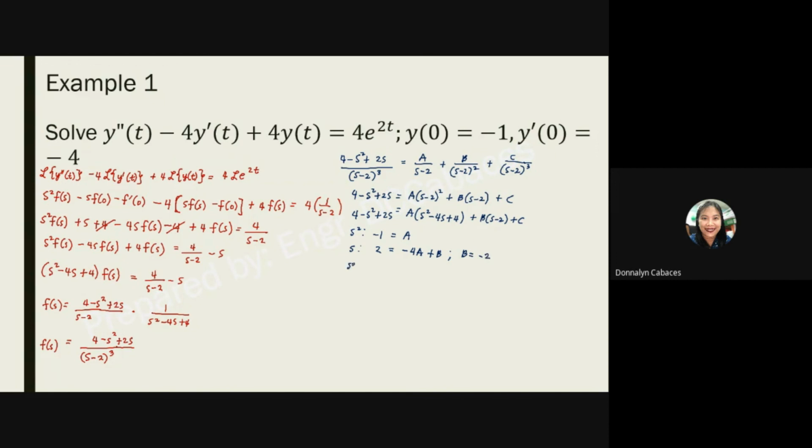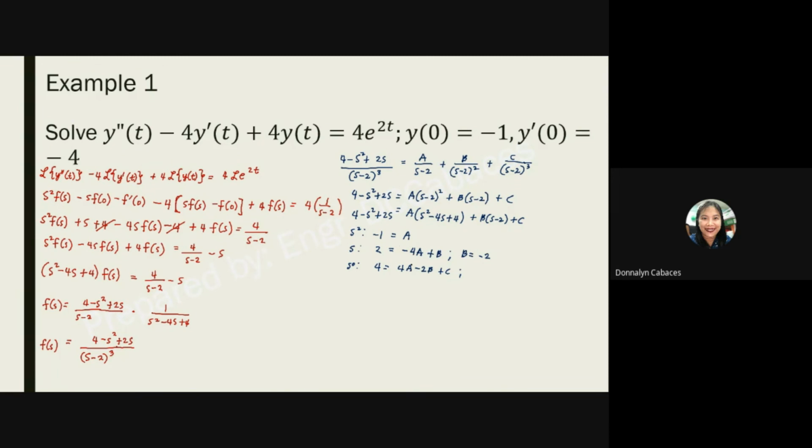And for the constant, you have 4 is equal to 4a minus 2b plus c. Therefore, from this, what is c? So 4 times negative 1 is negative 4. And then negative 2 times negative 2 is positive 4.